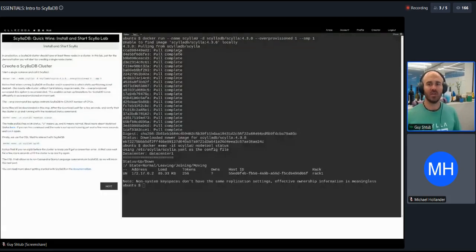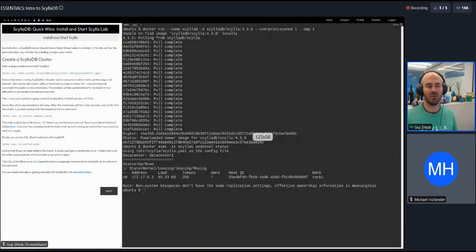And what I did right before I started talking is I clicked on this command, and what this does, it runs a Docker instance of the ScyllaDB software on this environment. It's called the Killercoda environment, and I'll send you a link to that after the event.